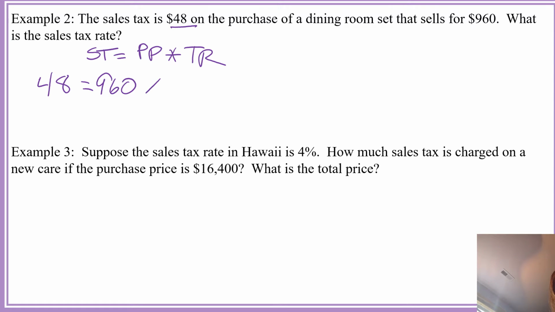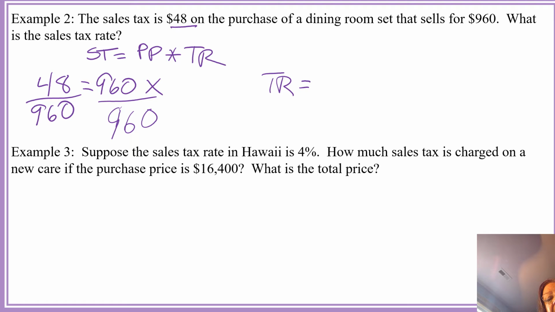Well, that's our question, so that's our x. Now we just have to solve for x. We're going to divide both sides by 960. We'll get a decimal, so we need to change that to a percentage. So 48 divided by 960. So our tax rate, or our x, came out to 0.05, which is a 5% sales tax.